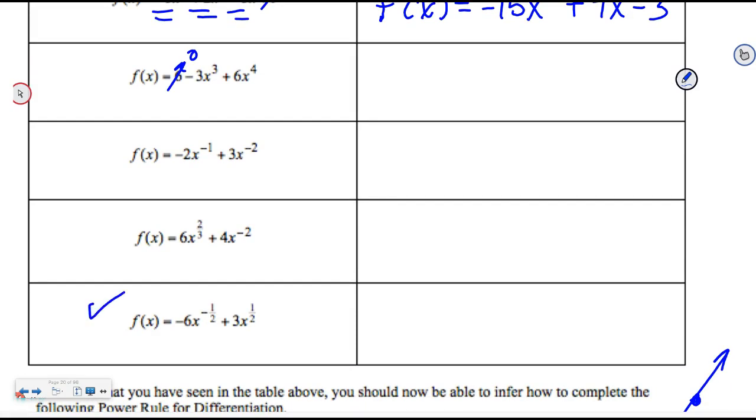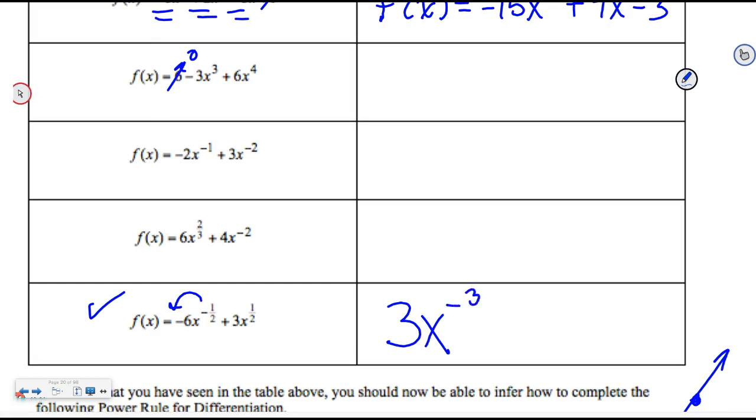I do want to make sure you can work with fractions. So let's go down to this guy because there's one today, I think. When you bring this out front, you'd have a negative times a negative, so you get a positive 3x to the. Make sure when you knock your fraction down, remember you knock it down and you subtract 1. If I were you, I'd disguise 1 as denominator over denominator. Makes it so you won't make any mistakes. So when I subtract 1 from negative a half, what do I have for sure?